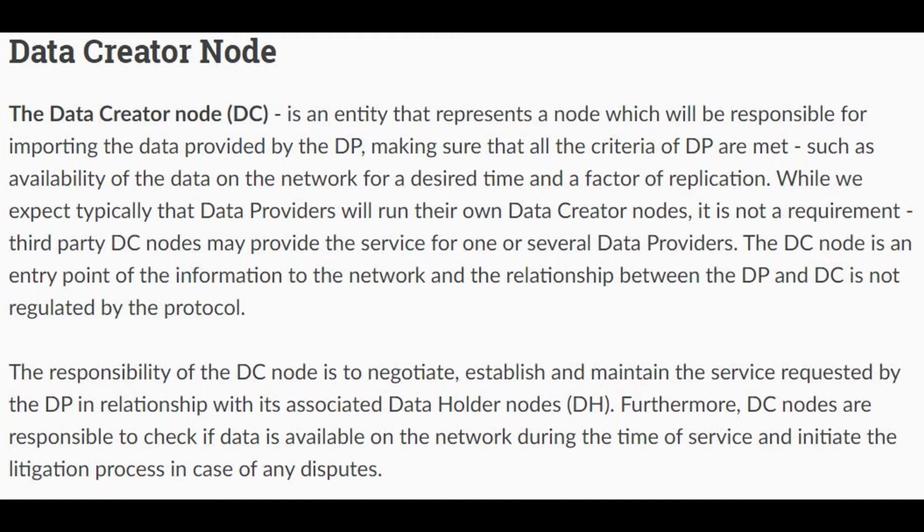While we do expect that data providers will run their own data creator nodes, it is not a requirement. Third-party data creator nodes may provide the service for one or several data providers. Now, let's pause right here, as this should be a big aha moment for you.